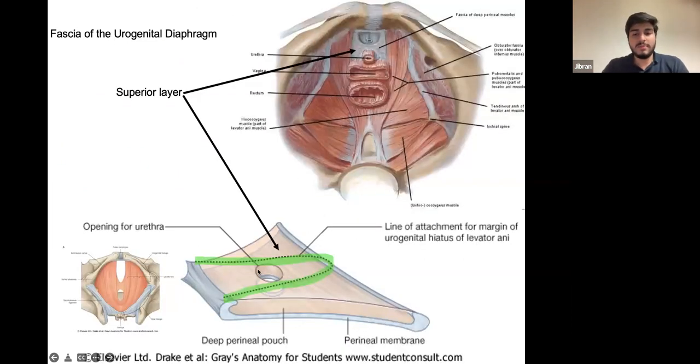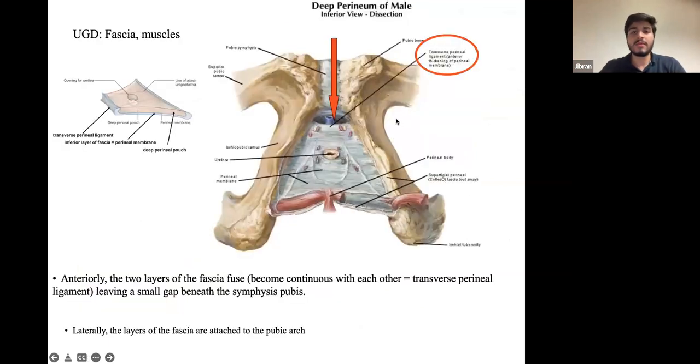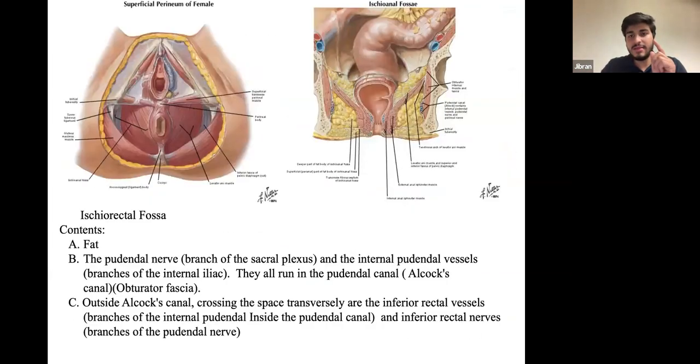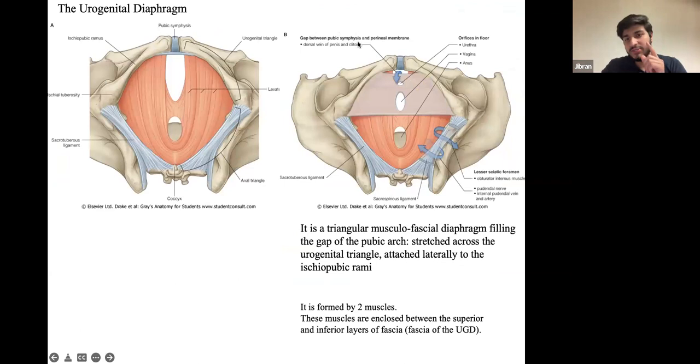The doctor made this other slide to connect all these different images. This is the U, and it's connected here, and it contains all the urogenital organs, like this, not like that. It doesn't include this. Remember the transverse perineal ligament and the vein that I mentioned.